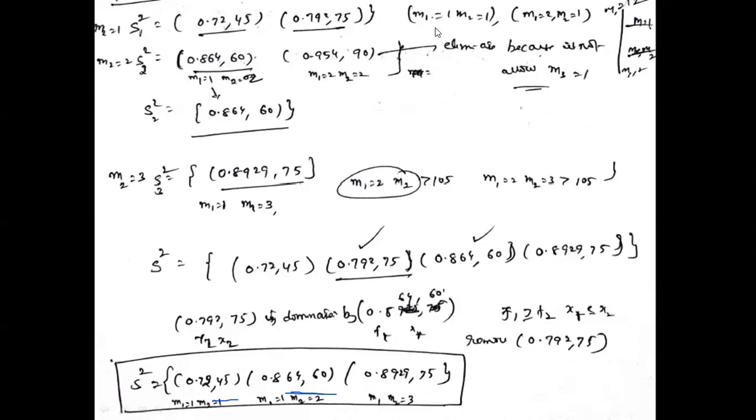In the first stage you are taking a single device or two devices. The maximum number of devices in the first stage is 2, so we are calculating two tuples.